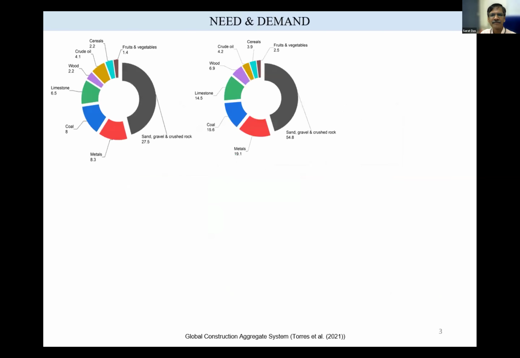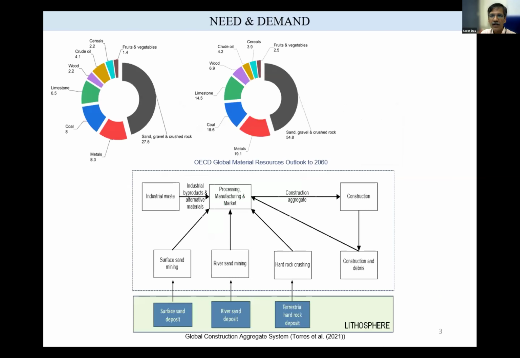What's the need? As per the OECD Global Material Resource Outlook, they made a review till 2011 of the demand for different materials for the survival of humanity. All this requirement is in gigaton. I'm sorry, I have not written the unit.